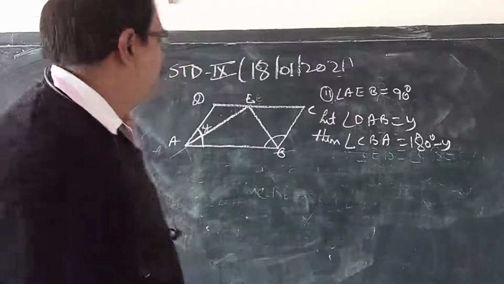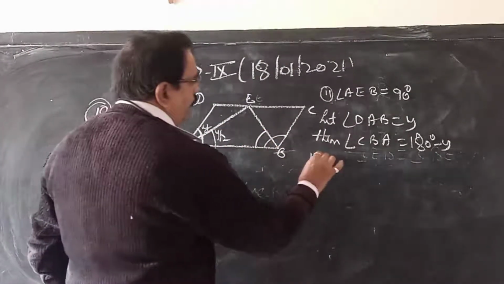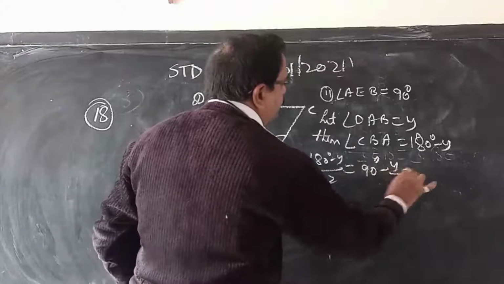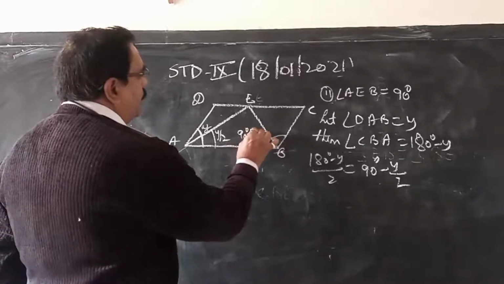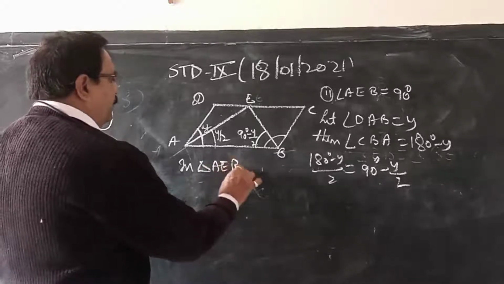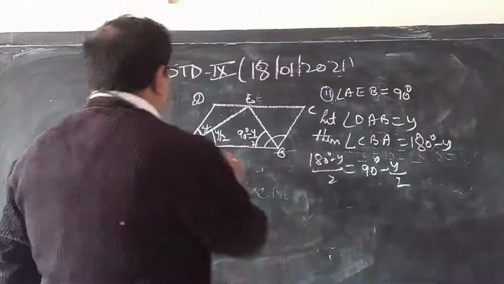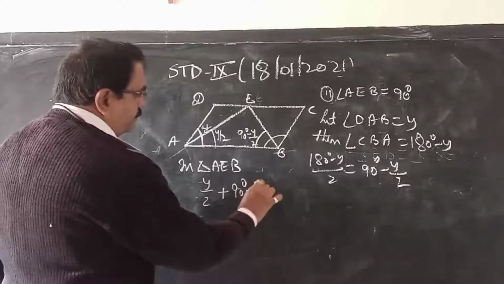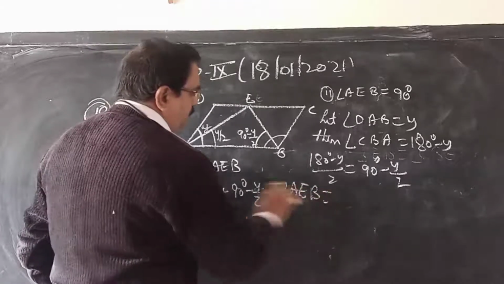Also, AE bisects angle y and BE bisects angle 180 degrees minus y. So the bisector of angle y is y by 2, and the bisector of 180 degrees minus y is 90 degrees minus y by 2. Now in triangle AEB, y by 2 plus 90 degrees minus y by 2 plus angle AEB is equal to 180 degrees, the sum of angles of a triangle.